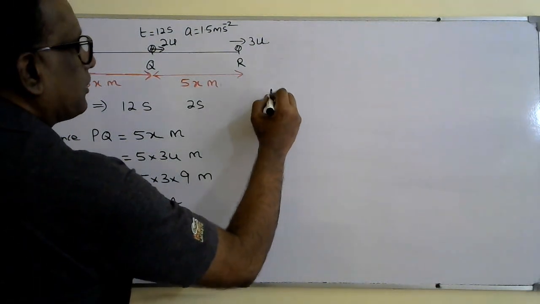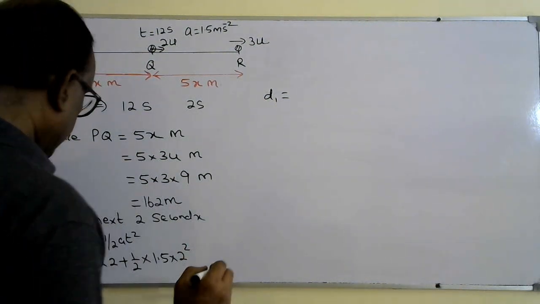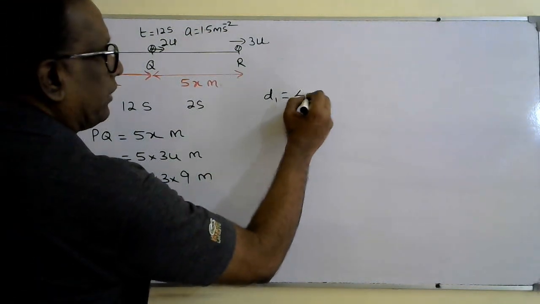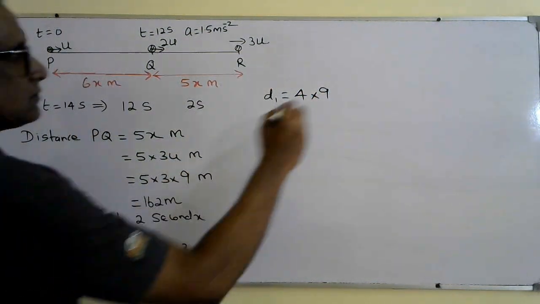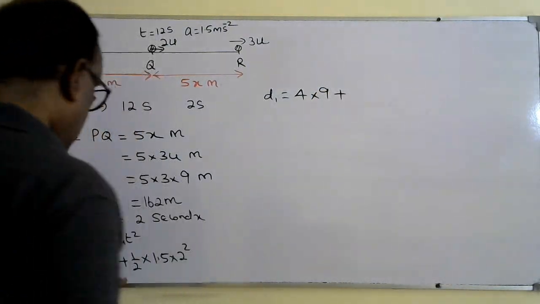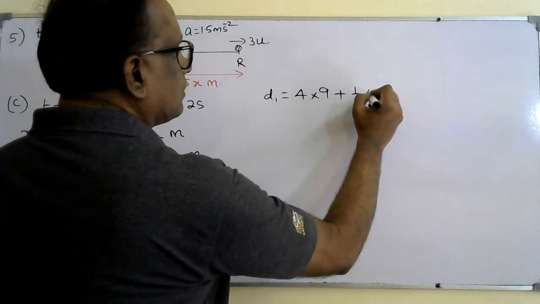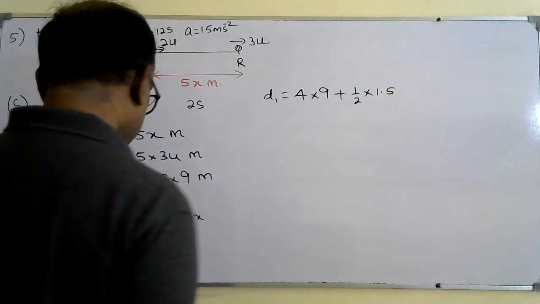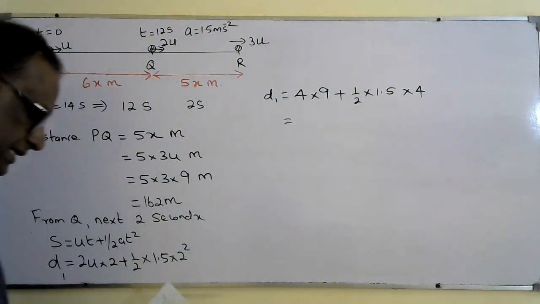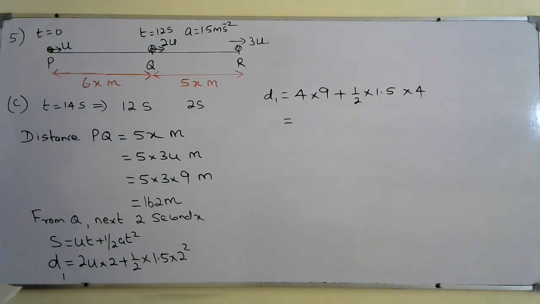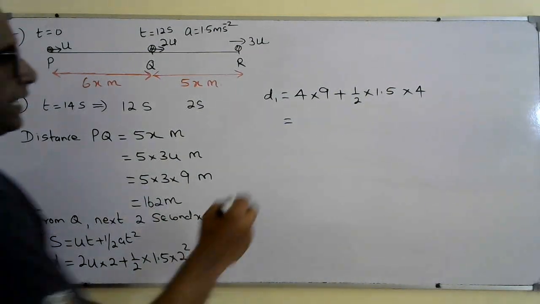So d1 is going to be 2u into 2, that is 4u, and u is 9, plus half into 1.5 into 4. Solve it. That is 39 meters.